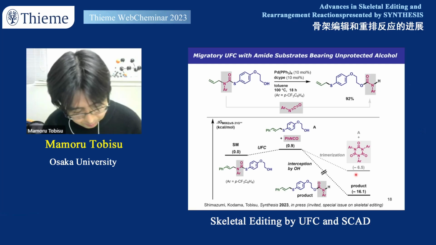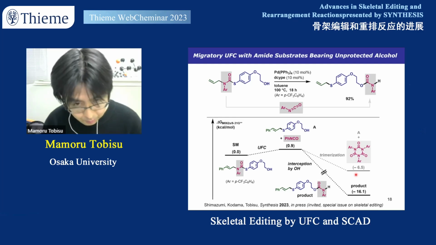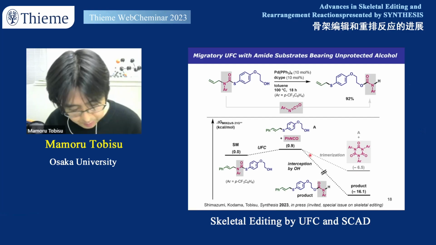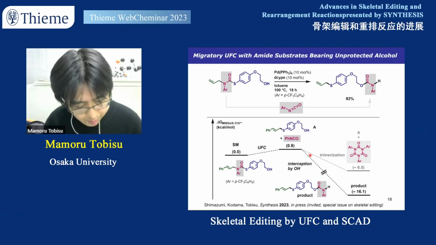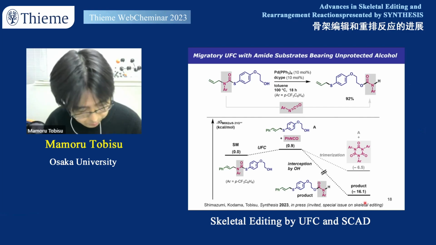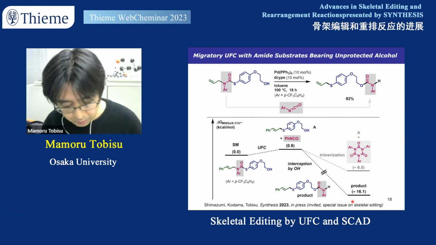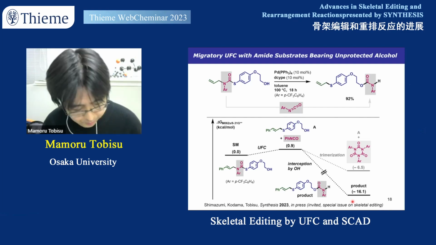So this can give the thermodynamic driving force for the overall UFC process. In contrast, in the cut-and-paste type migratory UFC, the isocyanate was captured by the tethered nucleophile before trimerization. And an even higher energy gain was obtained by the capture of isocyanate with the tethered hydroxy group. So this indicates that the migratory UFC pathway was highly favored over the simple UFC.